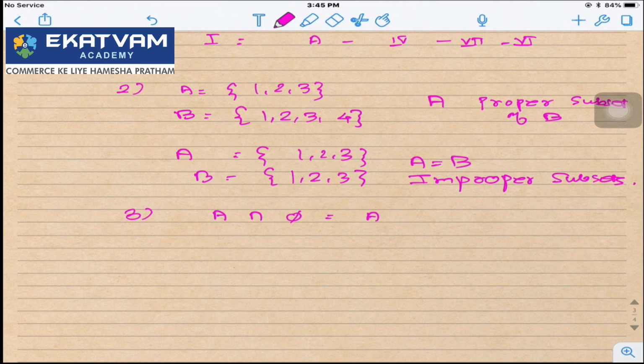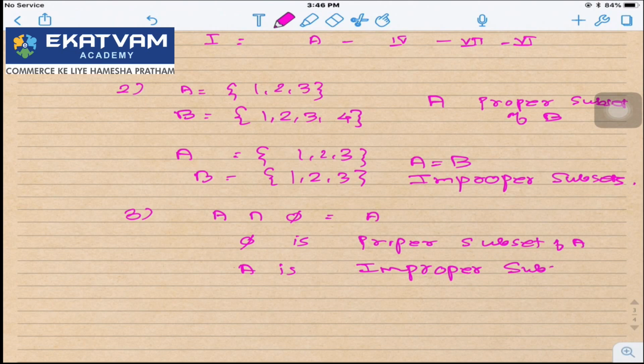Yes. So phi is a proper subset of every set A, whereas A is an improper subset of A because actually both are equal.